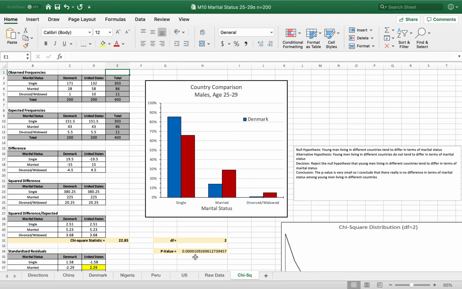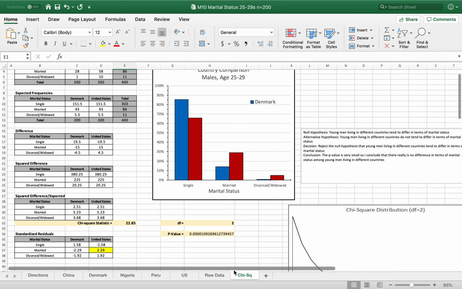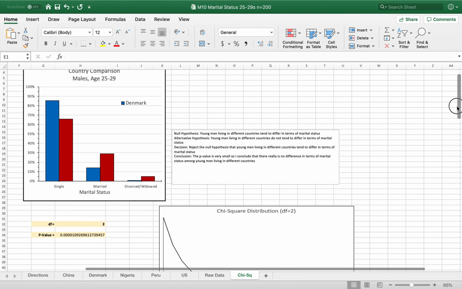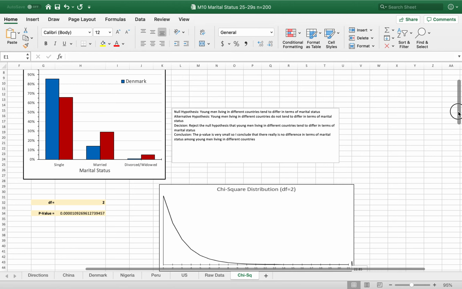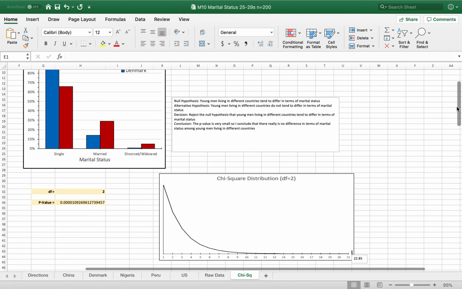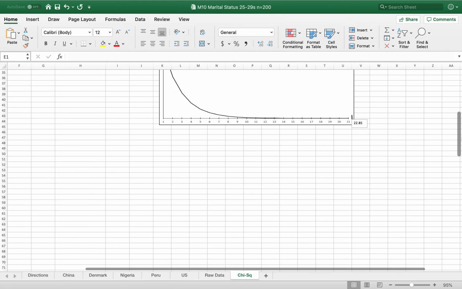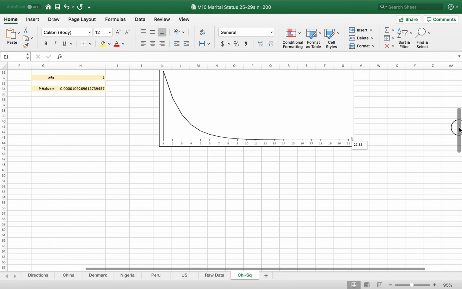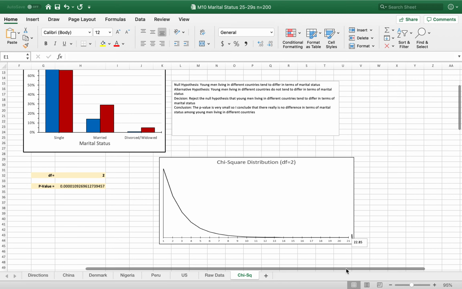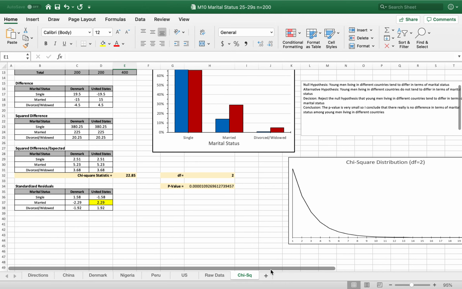Our p-value is really, really small, 0.00001. Based on the table, we can say that it's less than 0.001. Because of this data, I rejected the null hypothesis because the p-value is so small.